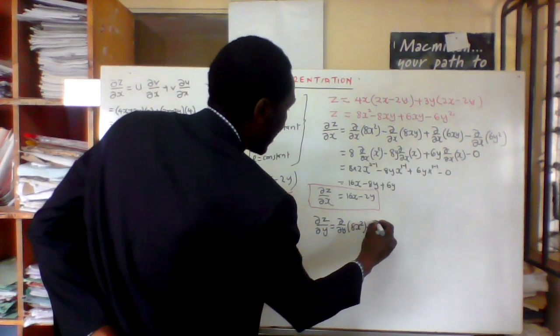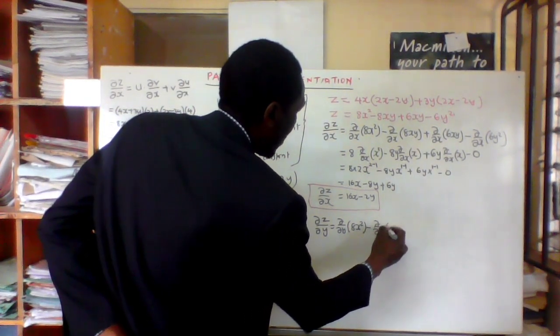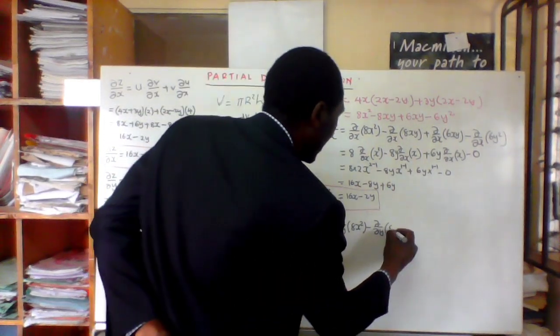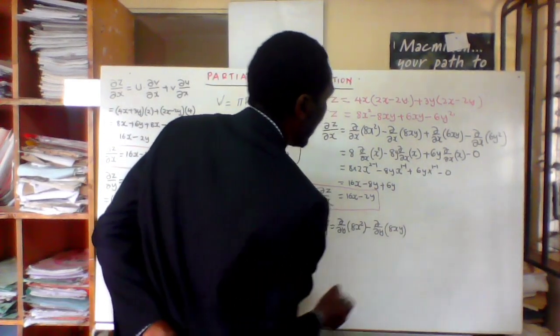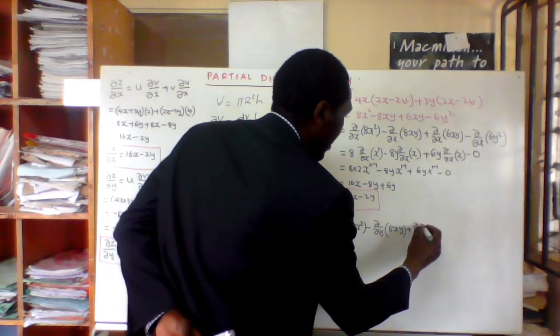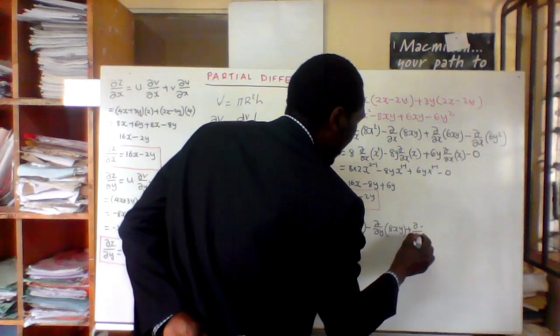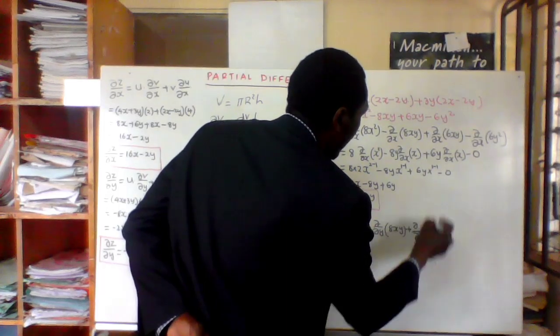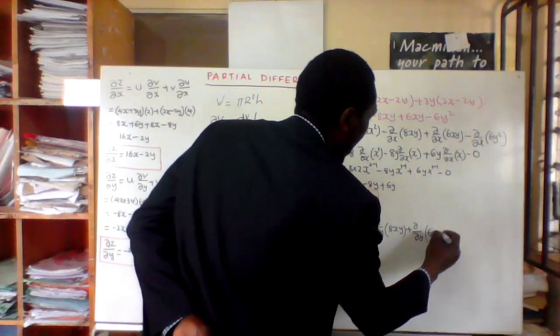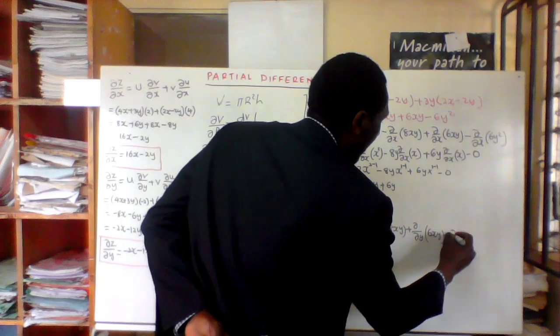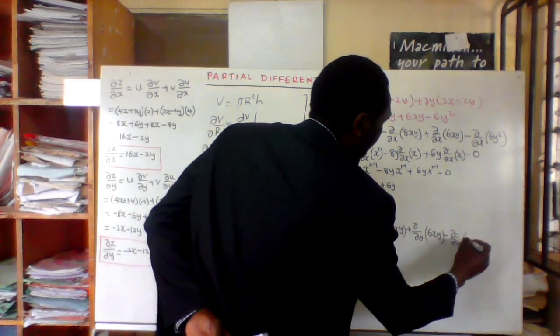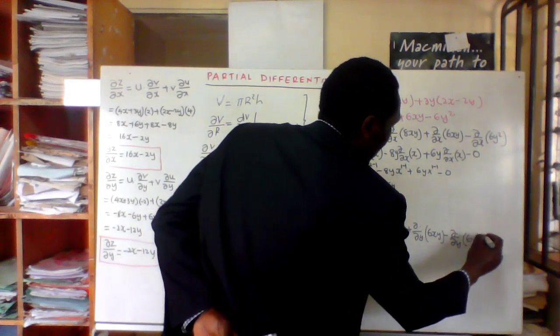We subtract partial derivative with respect to y of the second term, 8xy. Then we have plus partial derivative with respect to y of 6xy. Then we have minus partial derivative with respect to y of 6y squared.